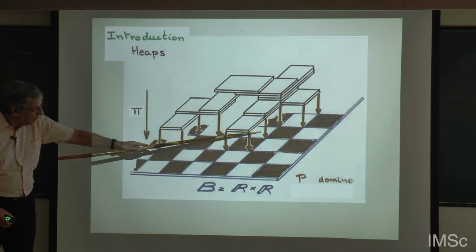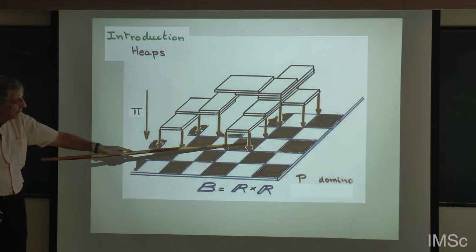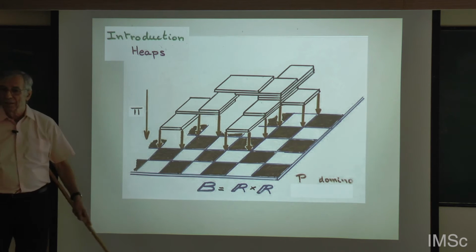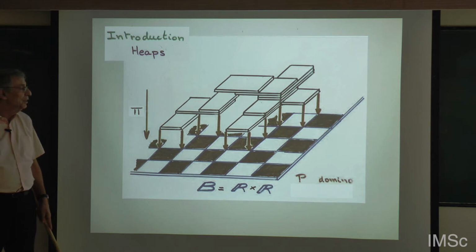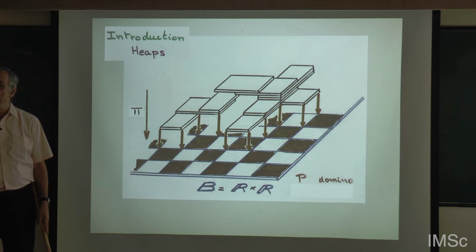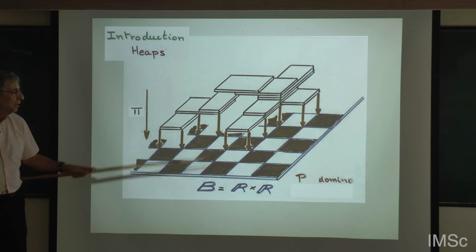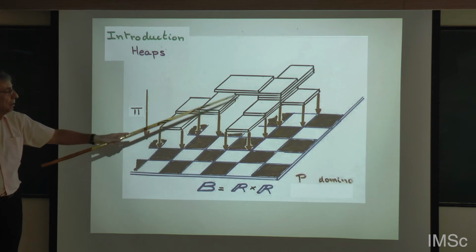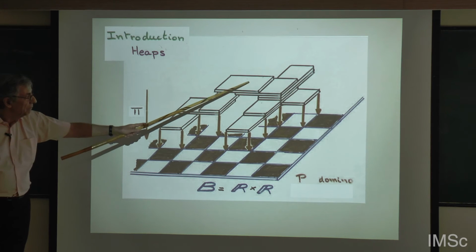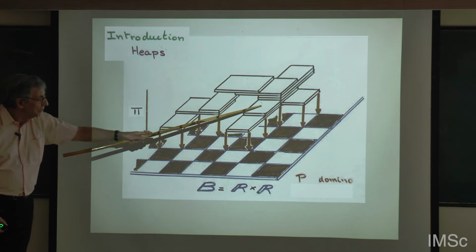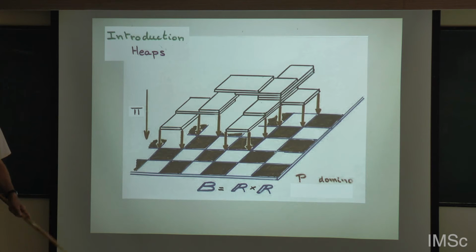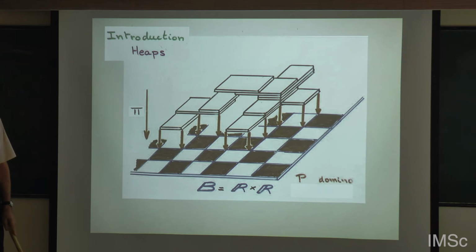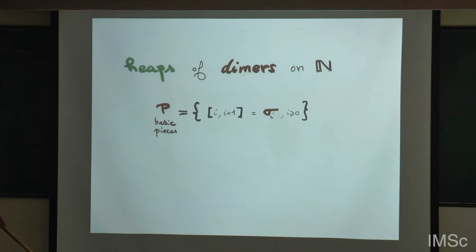It's a union of a white cell and a black cell. And then they fall one by one, and what remains at the end is the intuitive idea of heaps of diamonds on the chessboard. So from this picture we don't know if this diamond fell down before this one, but this one fell down after this one, which fell down after this one, etc. So you keep some information in this picture, but you lose in which order they fell down.